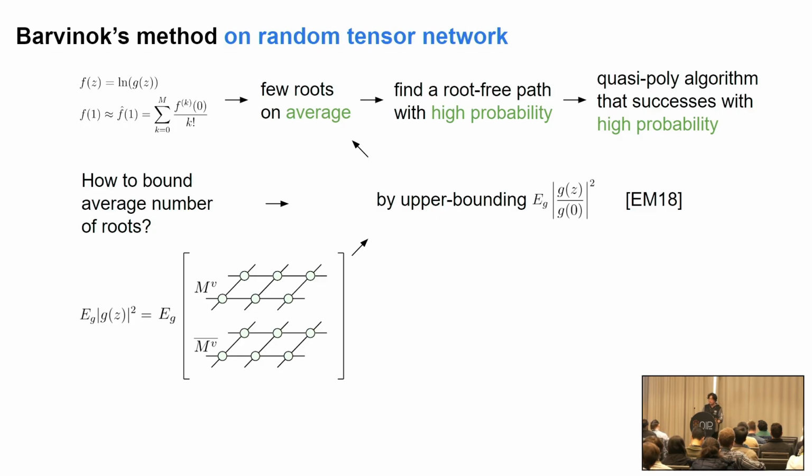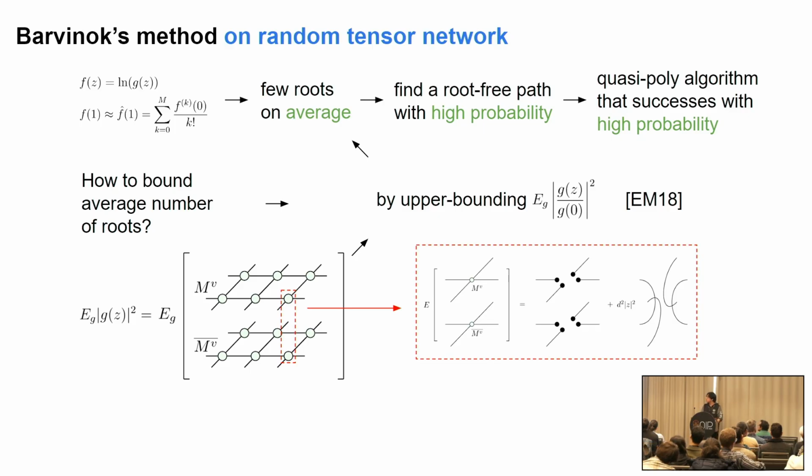Firstly, we take two copies of the tensor network, and the second tensor network is taken to be the conjugated version. Because all the tensors are independent from each other, the average can be just taken locally. By a simple calculation, we can see that the average of two copies of a local tensor has two parts. The first part is associated with the all-one tensor, and the second is a delta tensor connecting indices of the two copies of tensors.